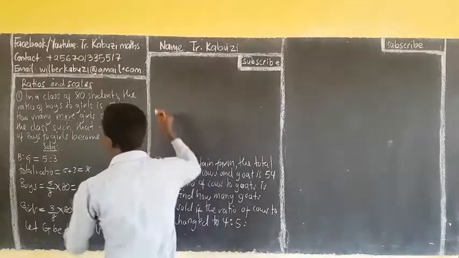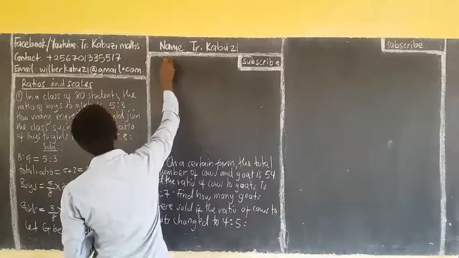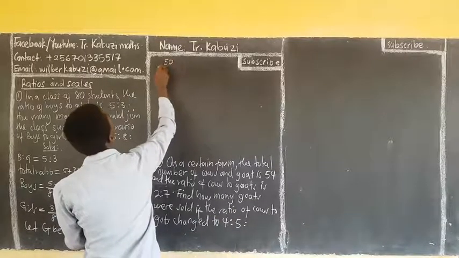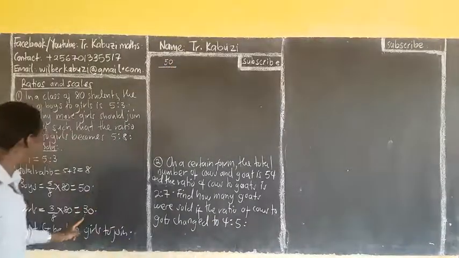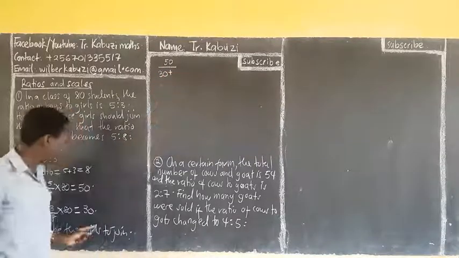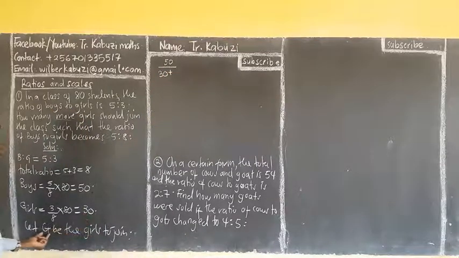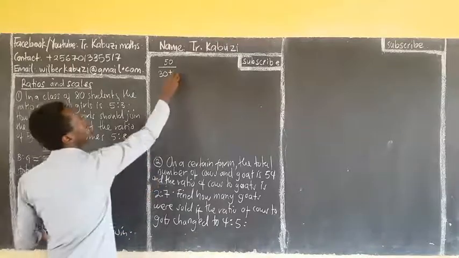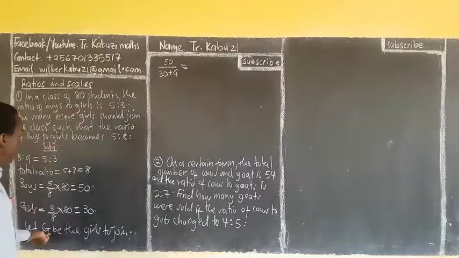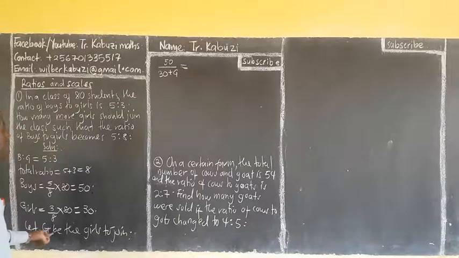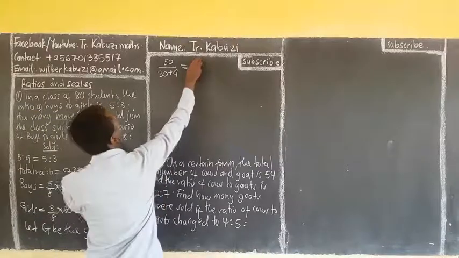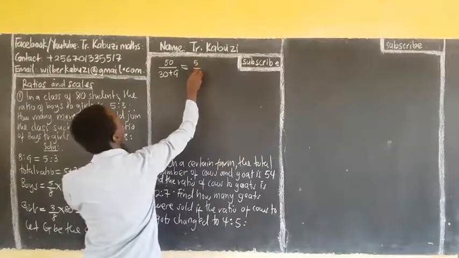Meaning, the boys are already 50, so for boys I don't need any change. But the girls I have 30. So if on this 30 I add D girls, it means my ratio is going to change from 5 to 3 down to 5 to 8.